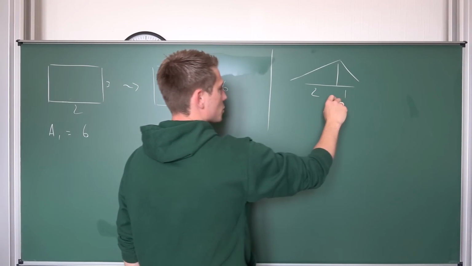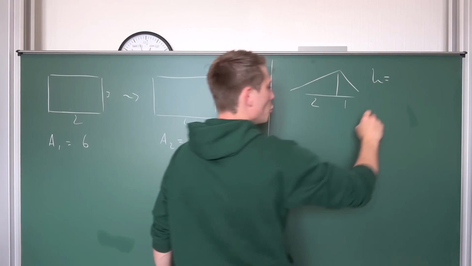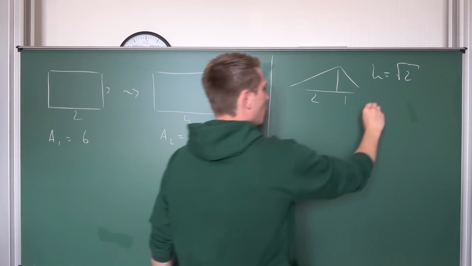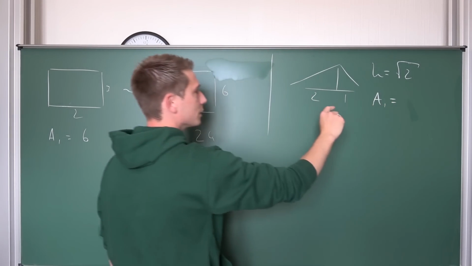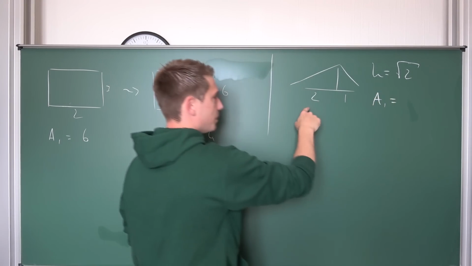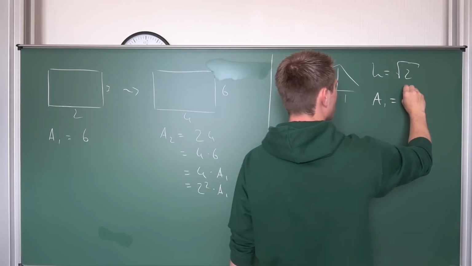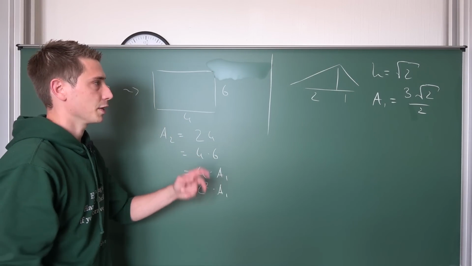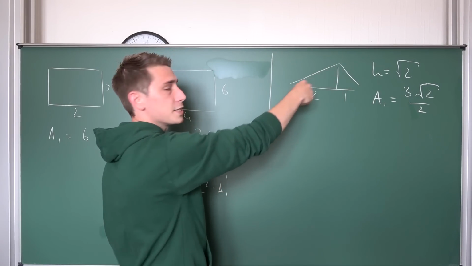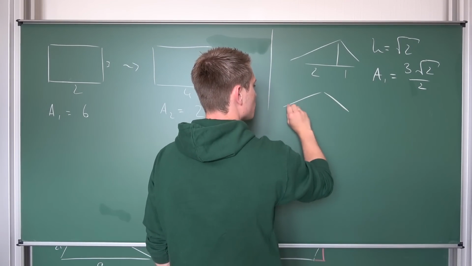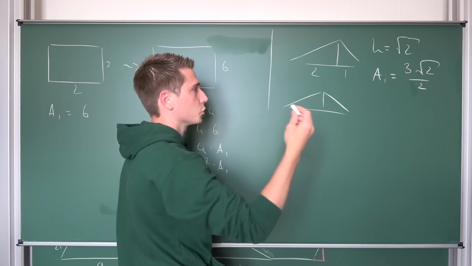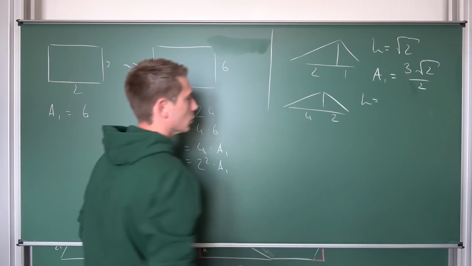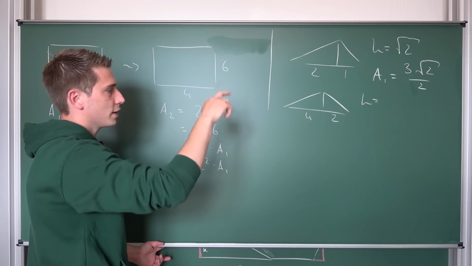Let's say side lengths 2 and 1, meaning our height by the Höhensatz is nothing but square root of 2. This is what we had before, meaning our area 1 of the triangle is the base, which is 2 plus 1, is 3, times the height over 2. This is our area 1. If we now were to double up the side lengths here, this is 4 and this is 2, meaning the height overall is square root of 8.